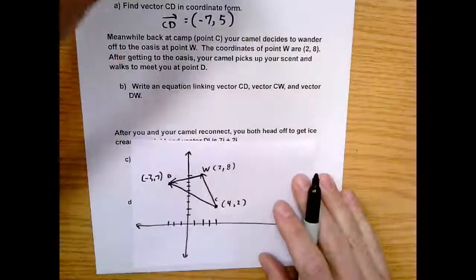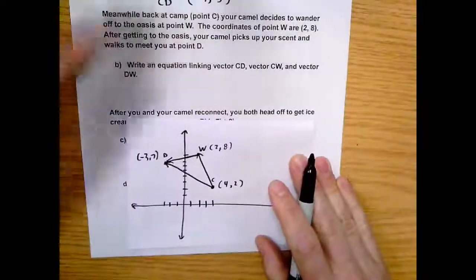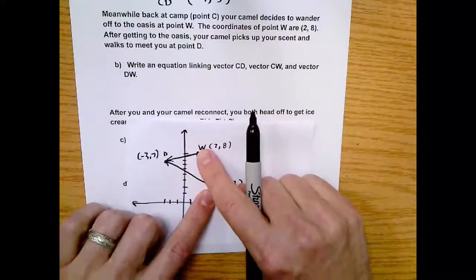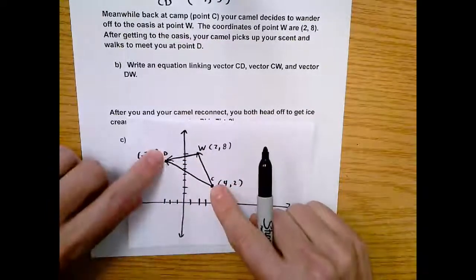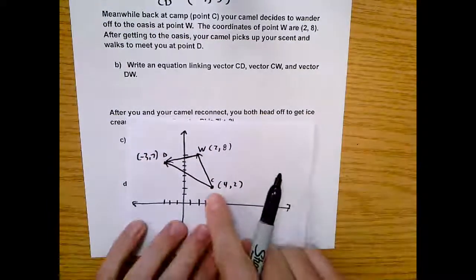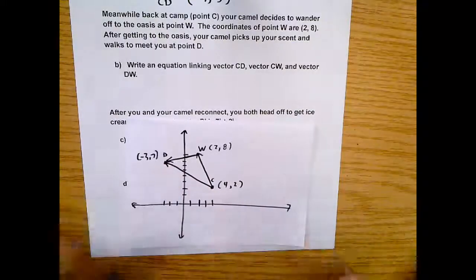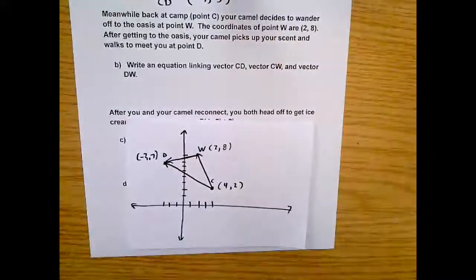And in essence, all this question is really making you prove that you understand that if you took vector CW and you added it to vector WD, because the start and the end point are the same, it would be the same as vector CD. And what it's saying is you should understand that CD is the resultant vector. Okay, so what I just said actually is the story you could tell.